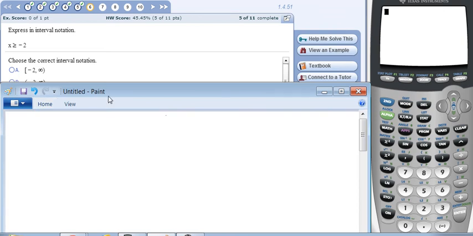All right, so interval notation. Okay, so I'm going to start out with different types of notation. First of all, we have inequalities. We can have single or compound, which are the doubles.